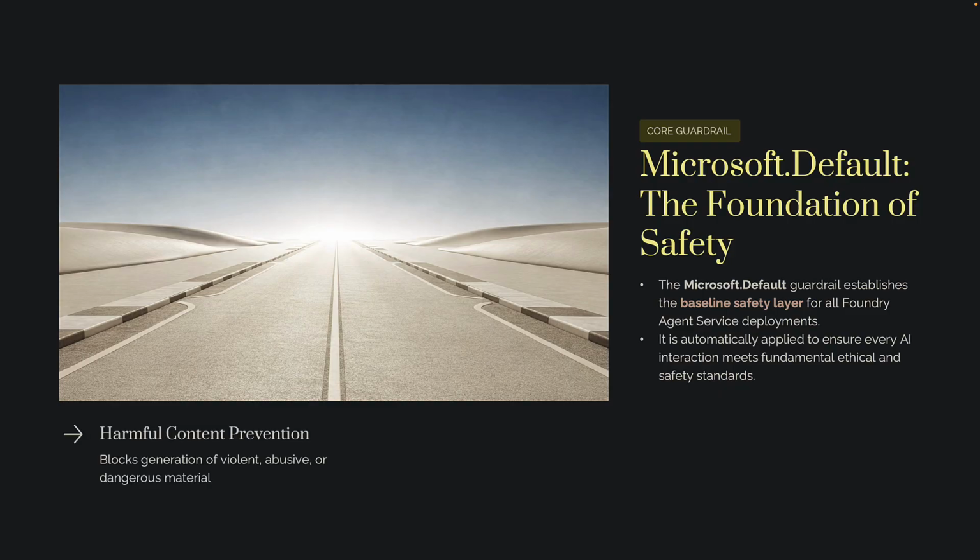And then the main things covered by this guardrail were, number one, harmful content prevention, right? Very important thing. It blocks the generation of violent, abusive, or dangerous material, as you can make out.